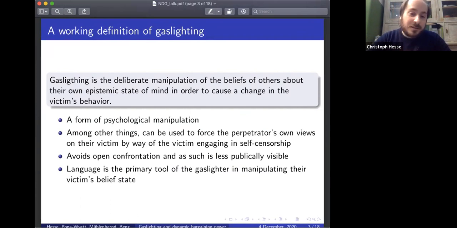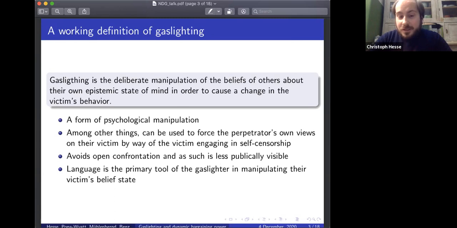Among other things, it can be used to force the perpetrator's own views on their victim by way of the victim engaging in self-censorship. So that's the perverse twist of gaslighting, that the perpetrator actually causes the victim to act in a certain way without the victim actually realizing that that is what they're doing.